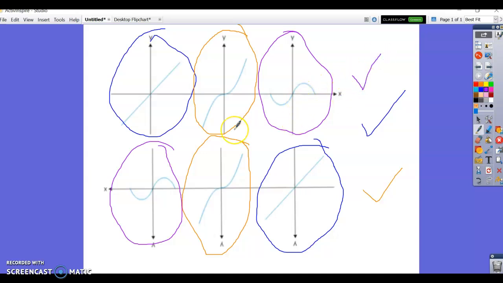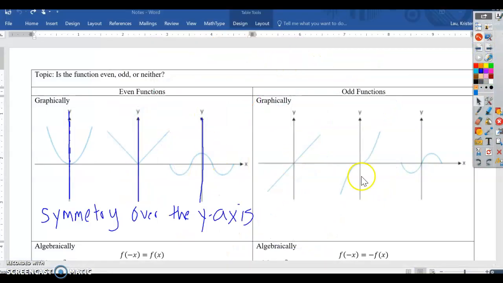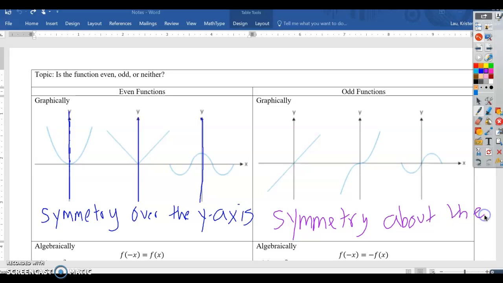Yes, they are. So that is why these are odd functions, because they have symmetry about the origin. If you rotate the graph 180 degrees, and you put a y at the top, the y is going to now be at the bottom. And that's what it means when it has symmetry about the origin.